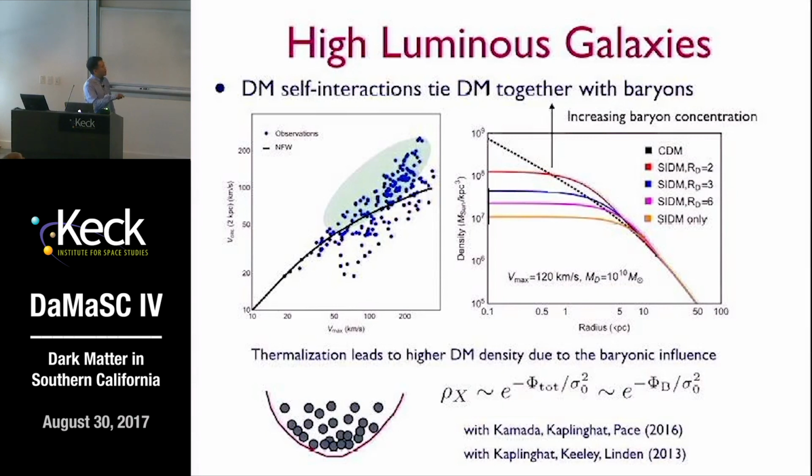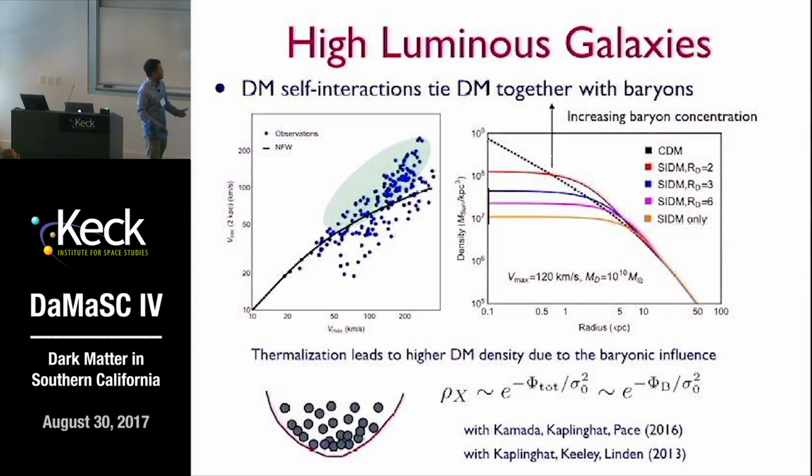If you replace the potential by the baryon potential and increase the concentration, the SIDM density becomes higher and higher, and the core size becomes smaller and smaller. All this calculation is analytical. There's no freedom. If you fix the NFW profile, you will automatically get this behavior, right?